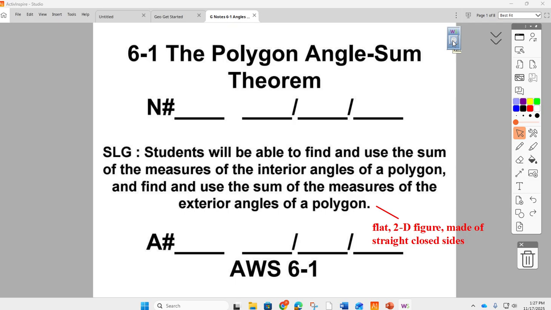So if there were 100 sides, we subtract 2. What's the sum of the interior angles of a 100-sided figure going to be? What's 100 minus 2? 98. Can you multiply 98 by 180 for me? 17,640.